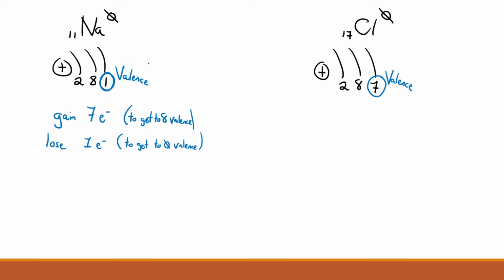Atoms will always take the easier path. It will always do the thing that has a lower number. So if we're looking at the choice between gaining 7 or losing 1 electron, sodium is going to lose 1 electron.